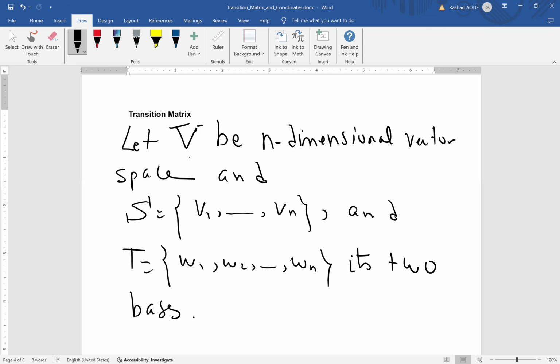What does that mean? Any vector can be represented in two ways.